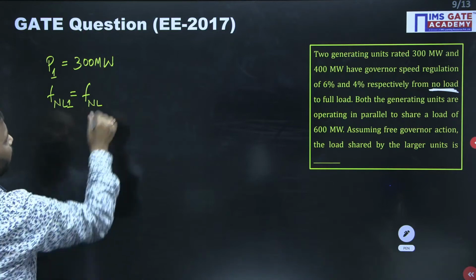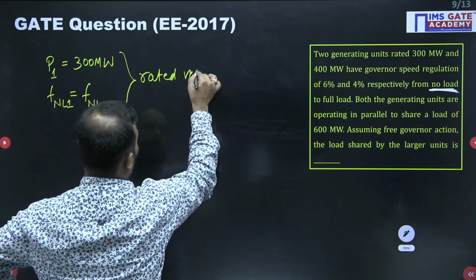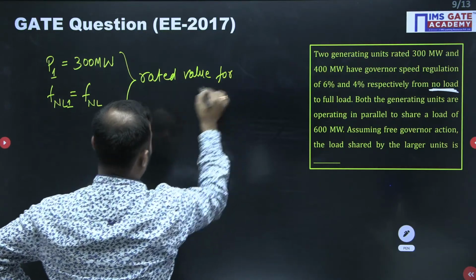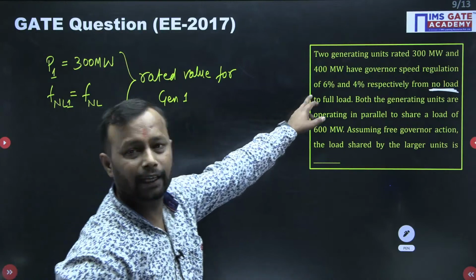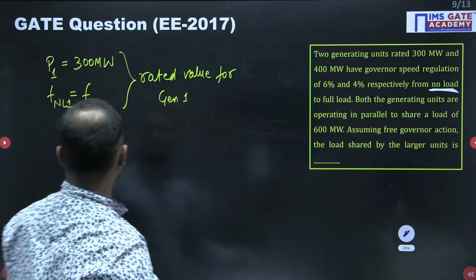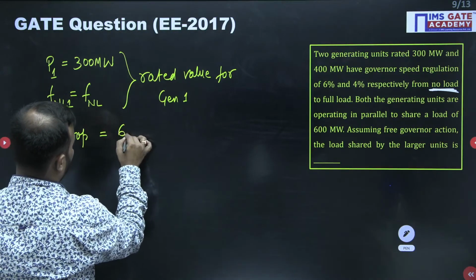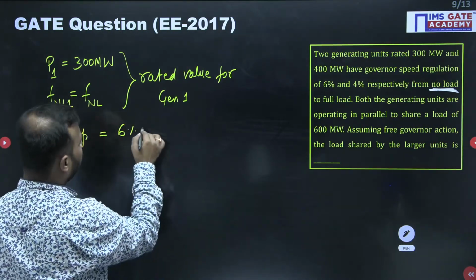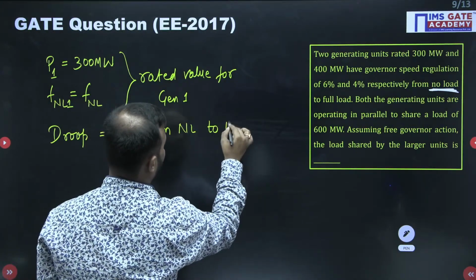FNL. ठीक है, FNL. So this is nothing but the rated value for generator 1. And one more thing, the droop given for generator 1 is 6% from no load to full load. This is a very important line.